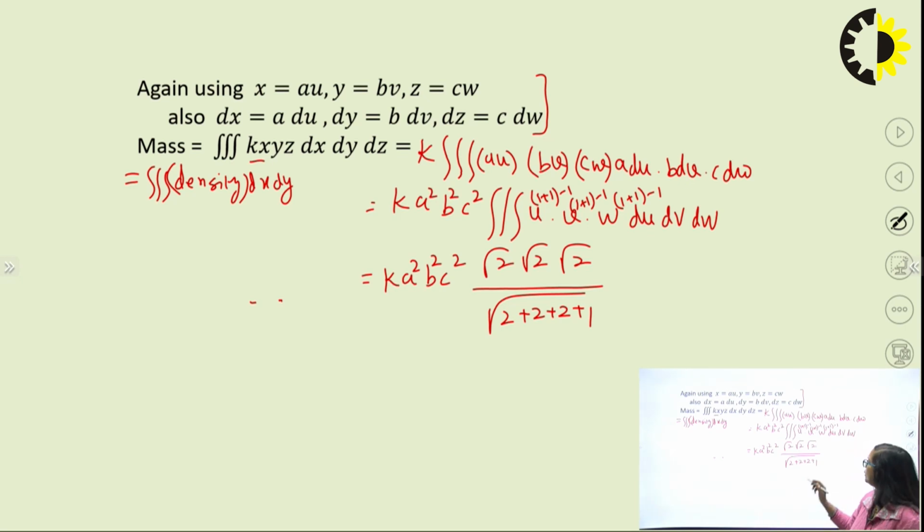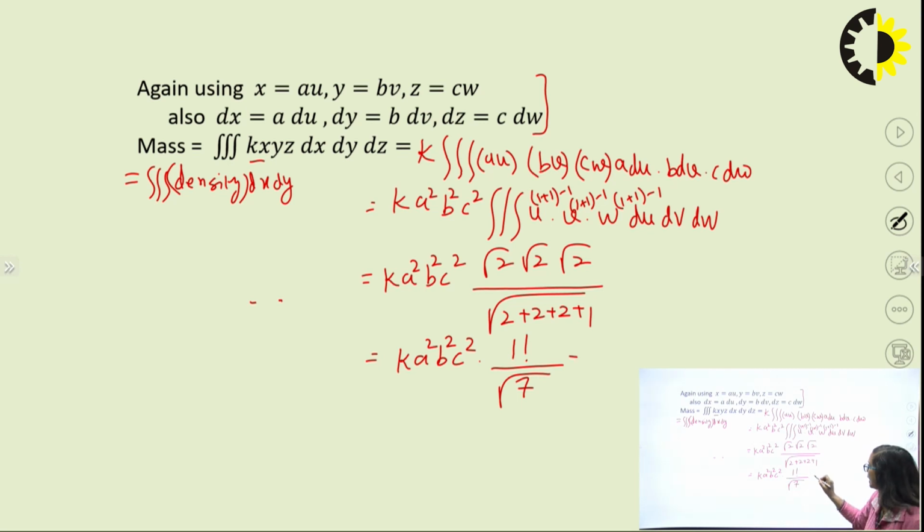What is this on solution? This is nothing but k a square b square c square times gamma 2 gamma 2 gamma 2, which are nothing but 1 factorial, and we know that 1 factorial is 1 for each gamma value, upon 2 plus 2 plus 2 plus 1. This will become gamma 7.